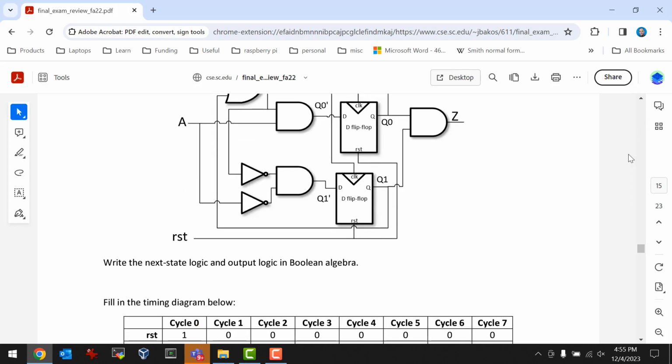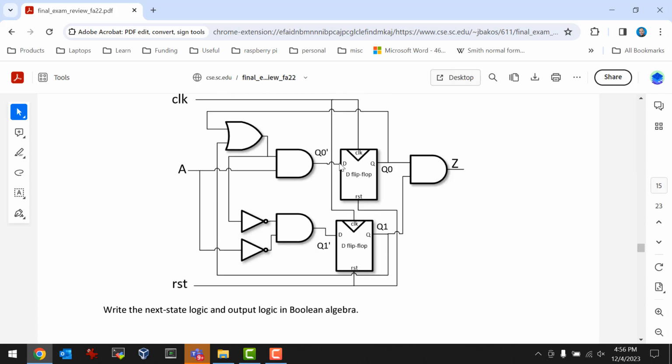Consider the circuit below, write the next state logic and output logic in Boolean algebra. Well, this is easy. Basically, the next state logic for Q0, Q0 prime, is just going to be A ANDed with Q0 or Q1, right? So you just have to trace the wires back.